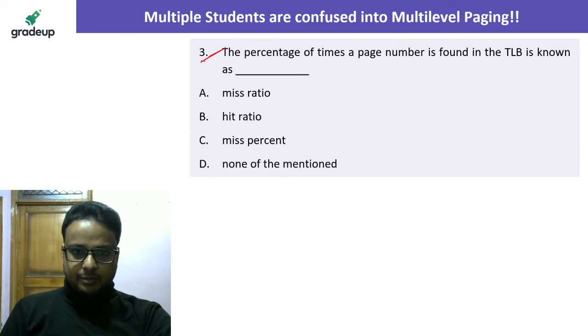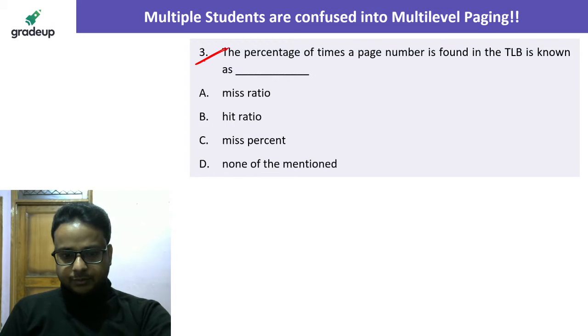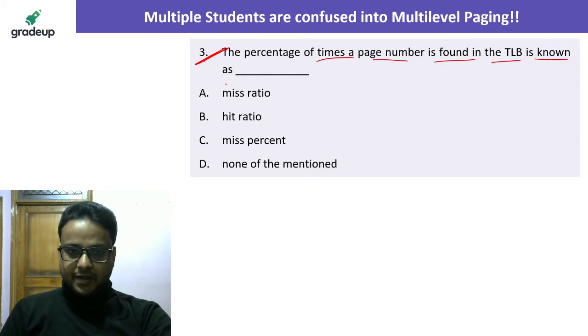Here is question number 3. What would be the answer of this question number 3? The percentage of times a page number is found in the TLB is known as.